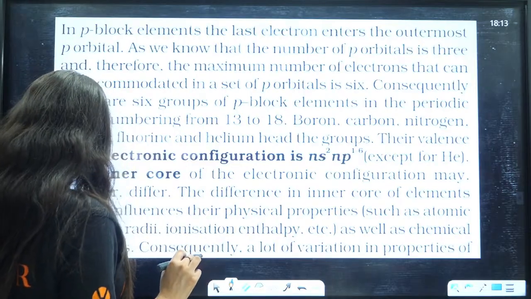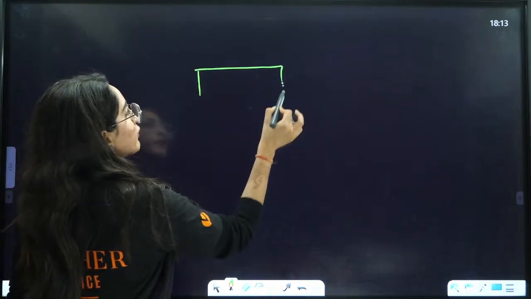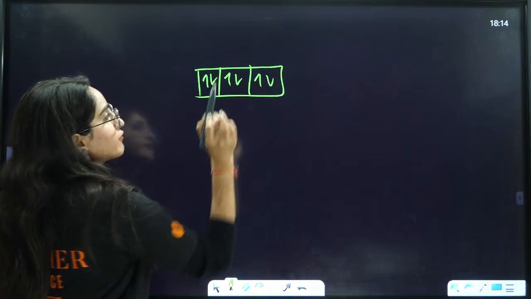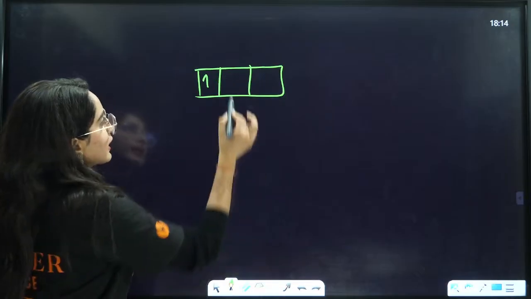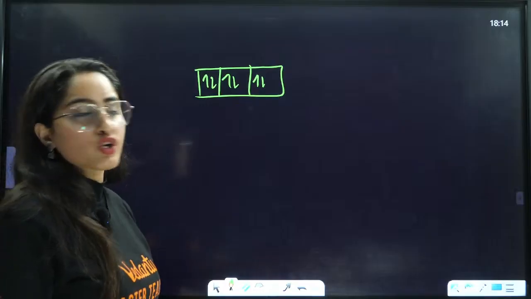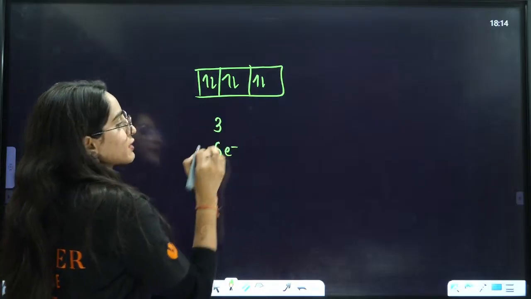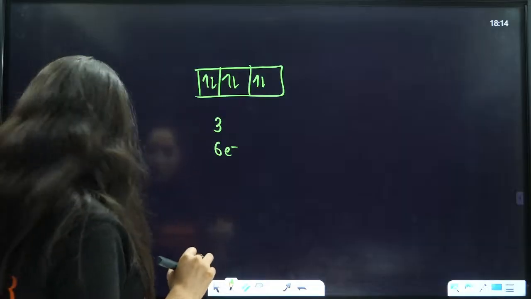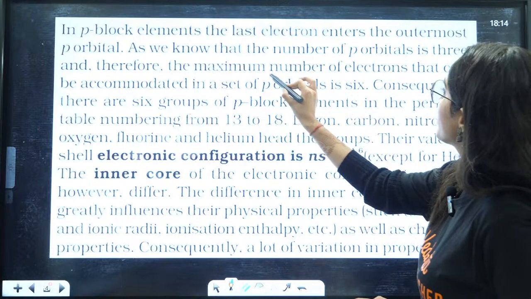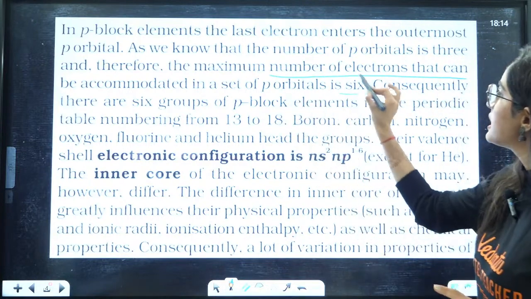How do we say that? For P orbitals we make 3 boxes, and 2 electrons are filled in each. So in total it has 3 orbitals and 6 electrons are filled, so the number of electrons that can be accommodated in a set of P orbitals is 6.